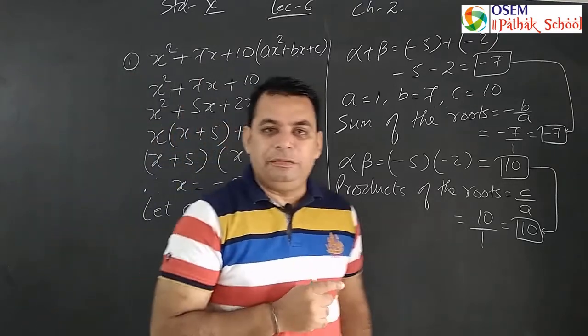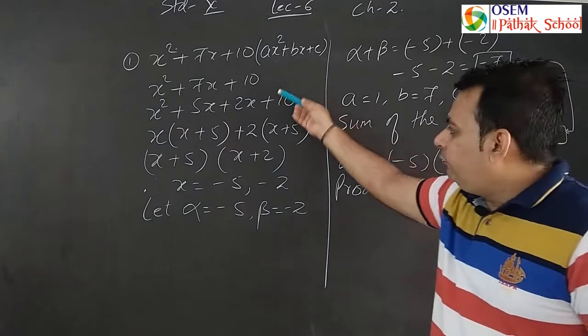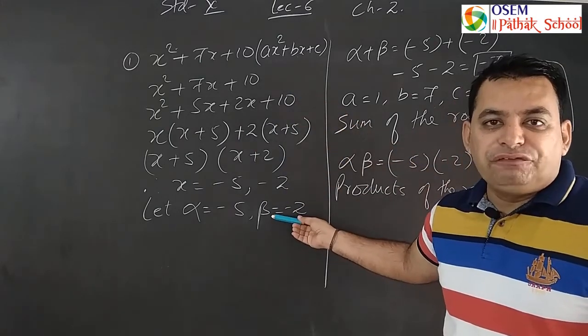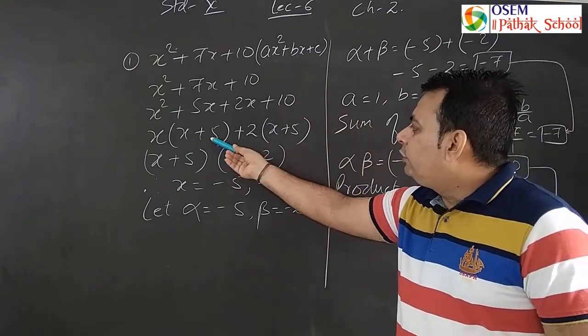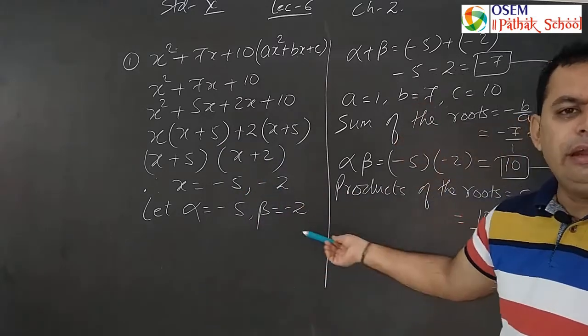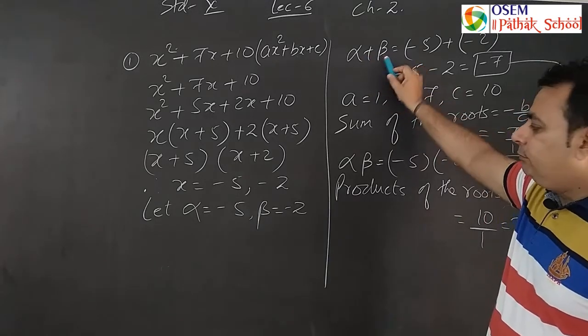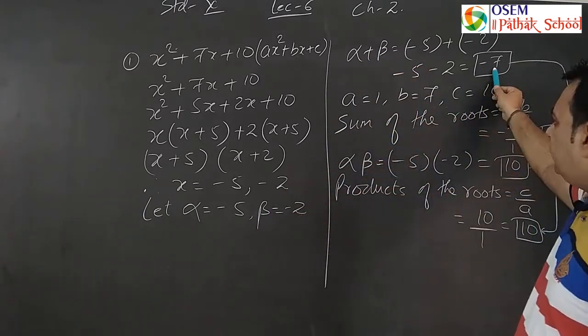This topic I have explained in the last lecture. I have done the factorization. After factorizing, I have taken out the zeros, that is alpha and beta. Consider any one to be alpha and any one to be beta. Then alpha plus beta, that is the sum, minus 5 minus 2 will be minus 7.